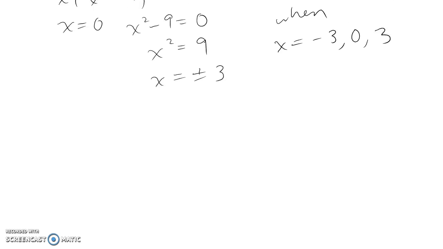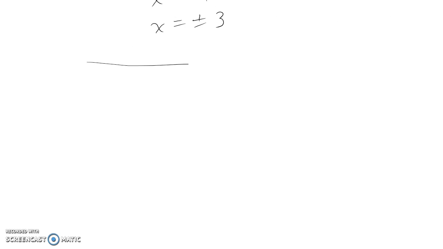So we're going to do it similarly. I'm going to draw a number line. I'm going to put all the values where my function is equal to 0, and I'm going to put a dot on each one because I'm interested in where it's less than or equal to 0, so those 3 x values are part of my solution.